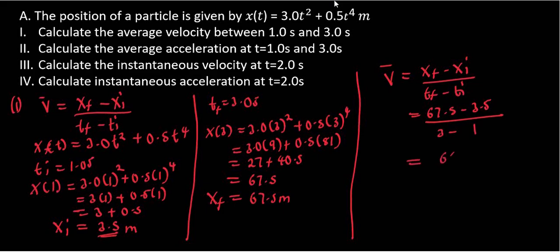So you have 64.0 over 2, meaning that when you divide there, the answer is 32, meters per second. So this is what we call the average velocity.